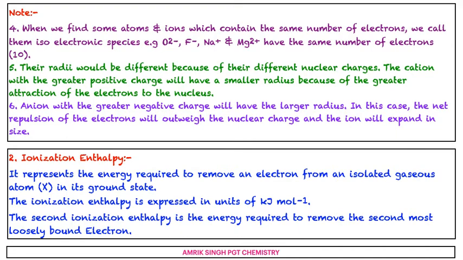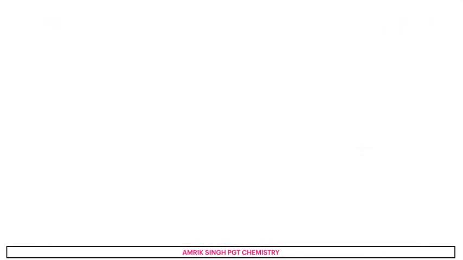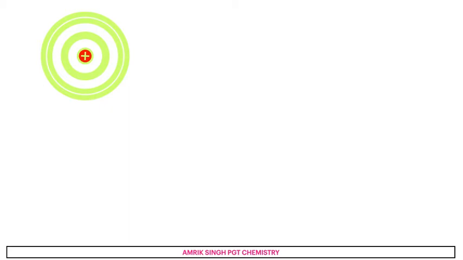Let us understand this concept with the help of an animation. I have an atom, with a nucleus at the center and an electron revolving around the nucleus in its orbit.